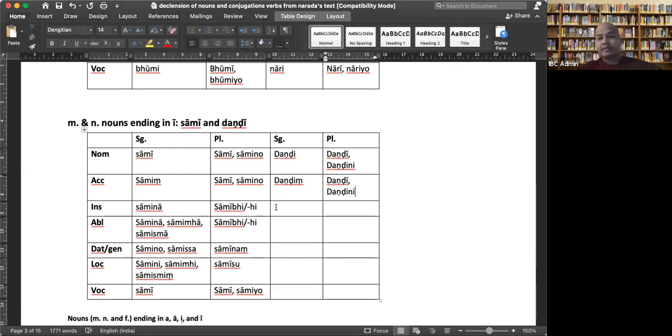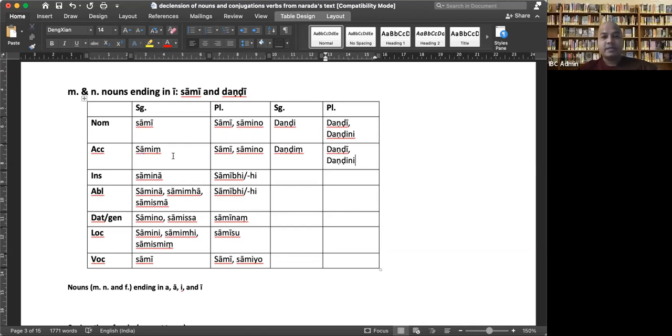And the rest are same. So you see that the declension of Sami and Dandi, even though one belongs to masculine gender and the other is a neuter gender noun, are declined in the same way, except in the case of nominative particularly, where you find some differences.